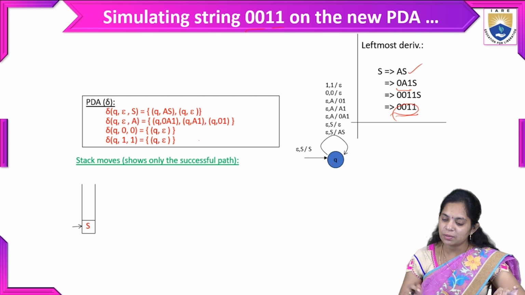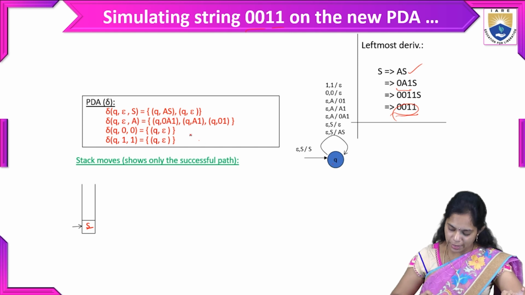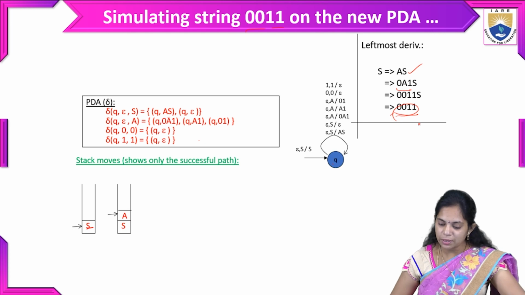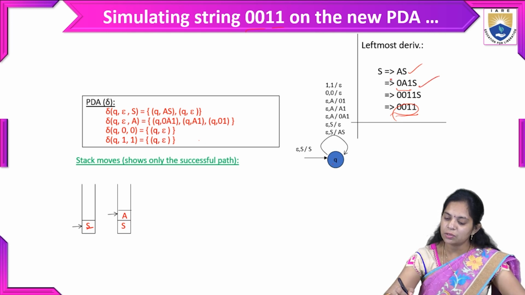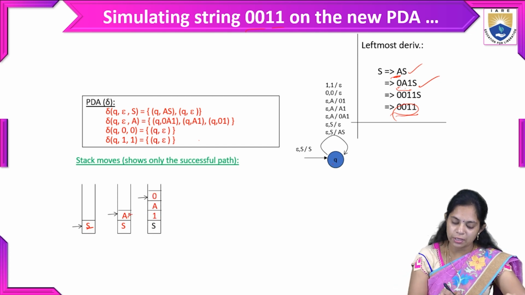So the first step is A. We have to push that A into the stack. So S we have to replace with AS. And here the top of the stack symbol is A, and for the A, with this input string, what do we have to replace? The second step is, instead of A we are replacing 0A1. And here instead of A we are replacing it with 01.